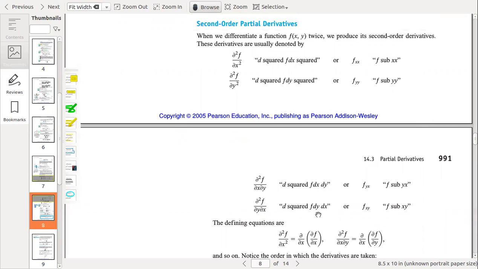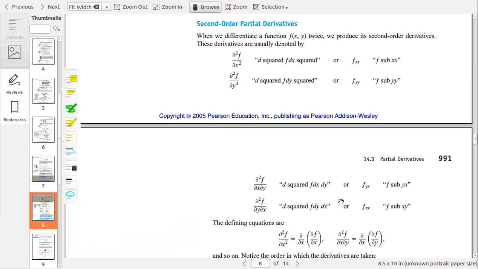These are just notation. If we take a partial derivative of f with respect to x, and again a second time the partial derivative of f with respect to x, we will get this notation. And if we calculate the partial derivative of f with respect to y the first time and then again a second time, the notation will be like this one.